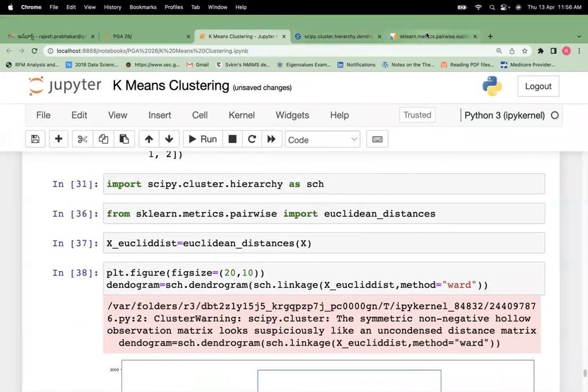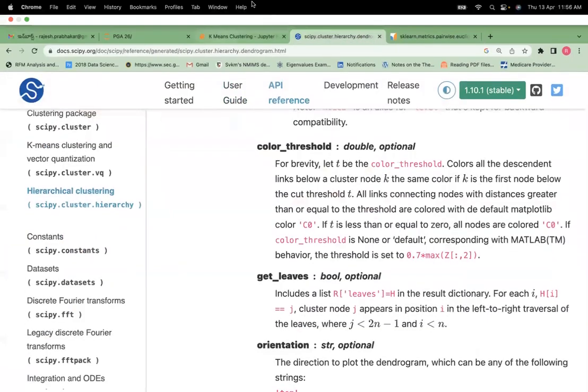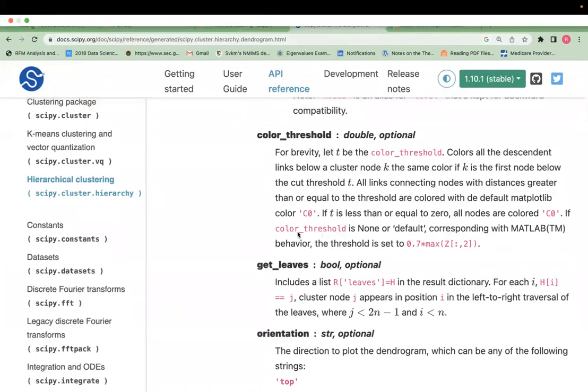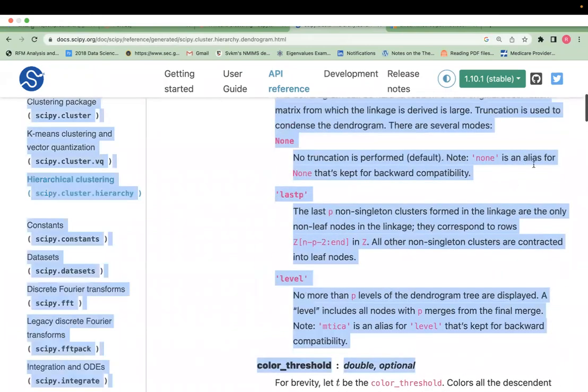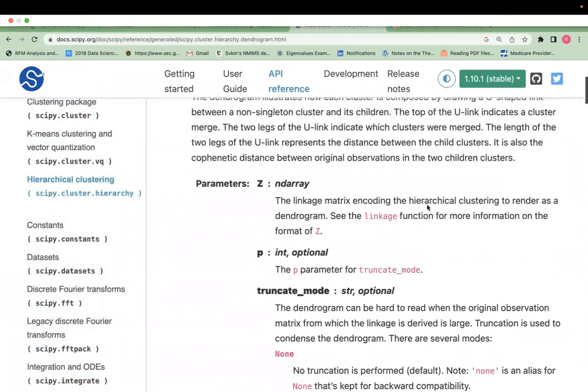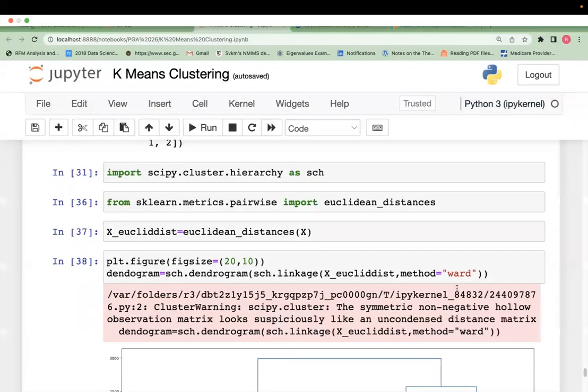There is no option of giving the number of clusters here, right? So we don't have the option. Z is the linkage matrix or the Euclidean distance matrix. So using the Euclidean distance, we can get the matrix like this.